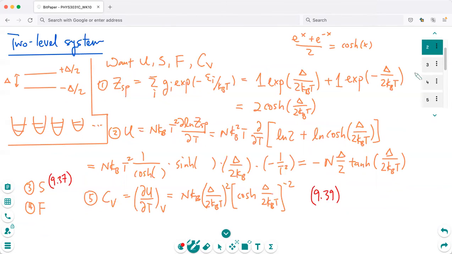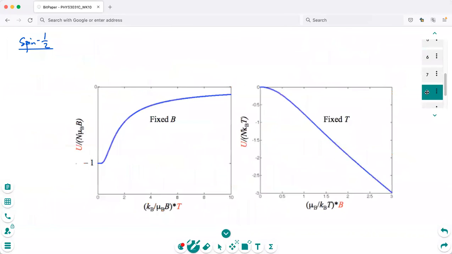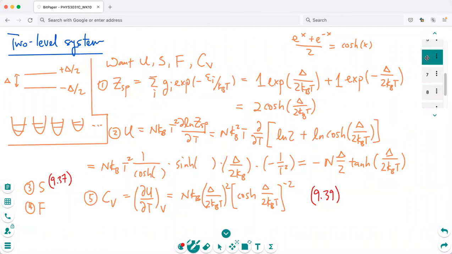Okay, but this is not enough for me. I think this is not too satisfying because I get a lot of symbols, but what do they mean? I want to discuss the meaning. So this brings me to a spin half.